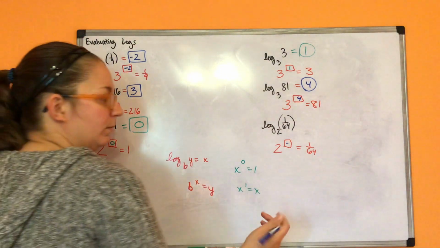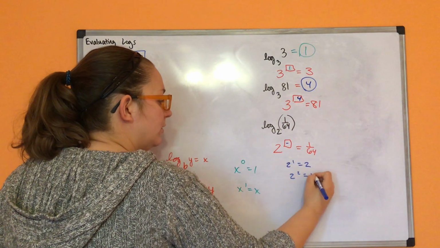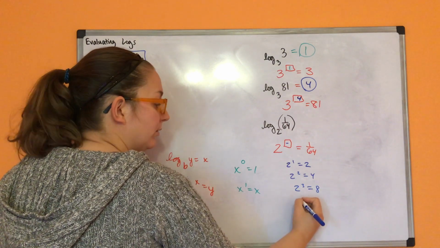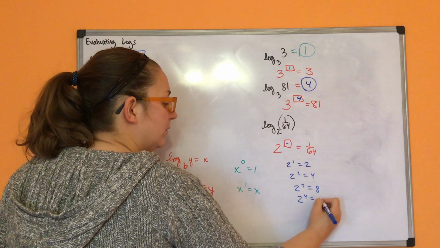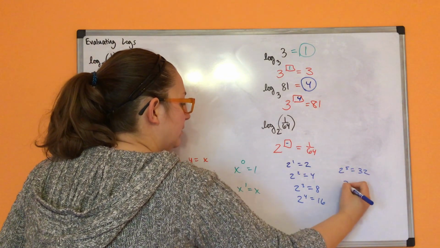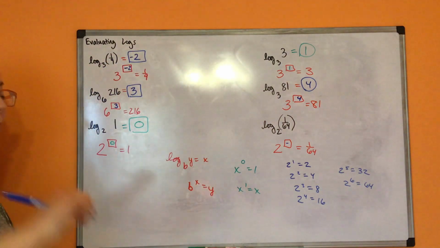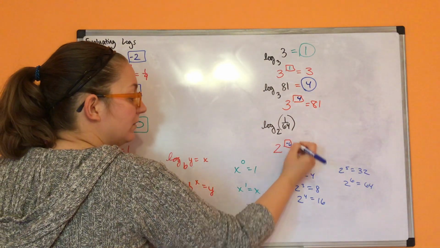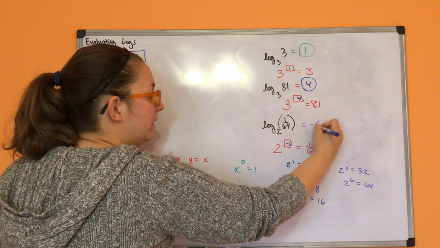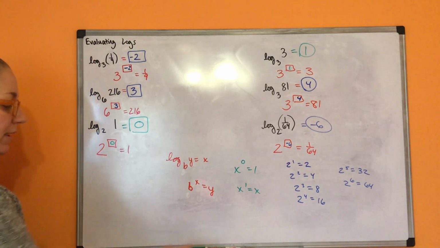And I'm going to kind of go through my 2's here. 2 to the 1 is 2. 2 squared is 4. 2 to the third is 8, so we've got to keep going for a while, it looks like. 2 to the 4 is 16. 2 to the 5 is 32. 2 to the 6 is 64. I don't want 64, I want 1 over 64, so I need to use a negative 6. If I do 2 to the negative 6 power, I get 1 over 64. So log base 2 of 1 over 64 equals negative 6.